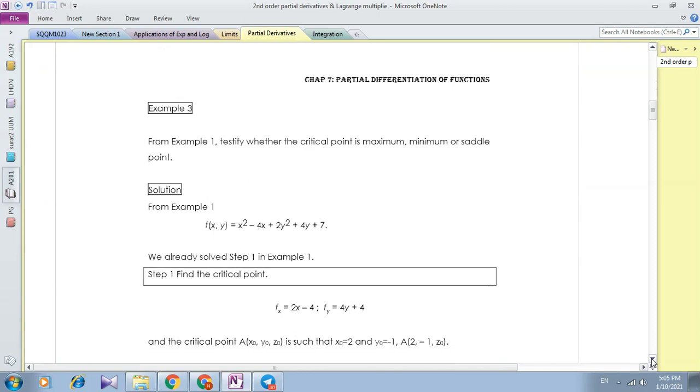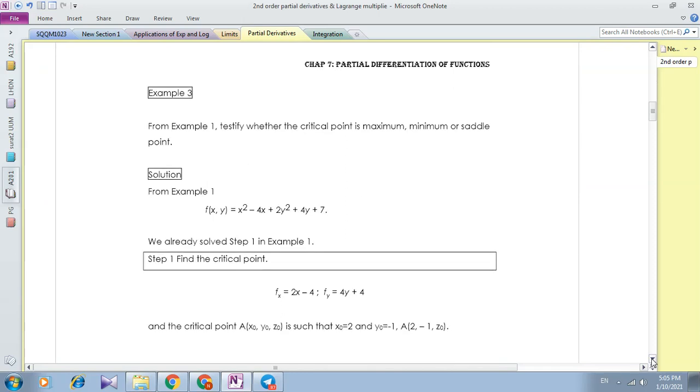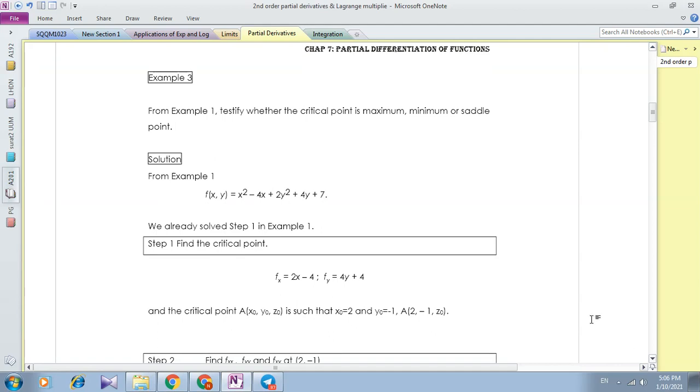Let's do example 3. Some steps are done for you. Example 3 is using the same function as in example 1. We already solved step 1 in example 1, to find the critical point.